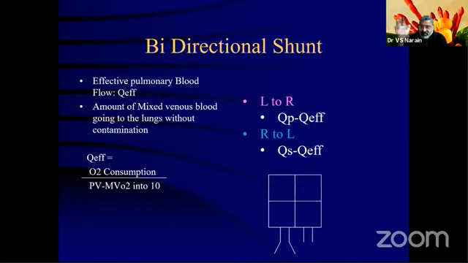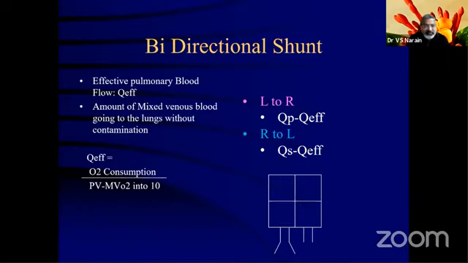So easy to remember. This is how I remember: pulmonary artery, aorta. Pulmonary artery means left hand, left to right. Right hand, aorta. Aorta minus Q effective gives you right to left. So pulmonary artery minus Q effective gives you left to right shunt, and aorta minus Q effective gives you right to left shunt. And Q effective is oxygen consumption divided by pulmonary venous minus mixed venous blood.